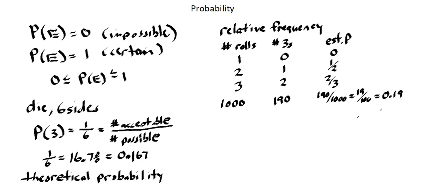0.167. Now it is possible that you roll 6 times, you get exactly 1 3, and then your relative frequency would be 1 in 6, and that would exactly match the theoretical probability. But usually there will be some difference between your relative frequency and your theoretical probability, and the general rule is that the more times we experiment and record our results, the closer our estimated probability, which is what we're recording in the relative frequency analysis.